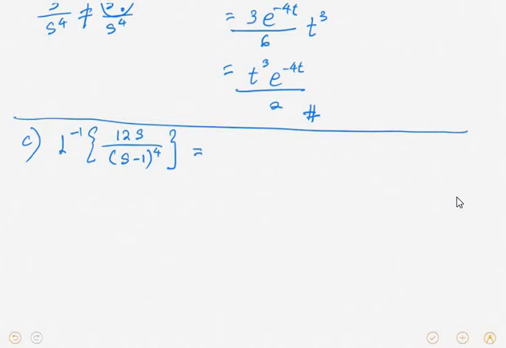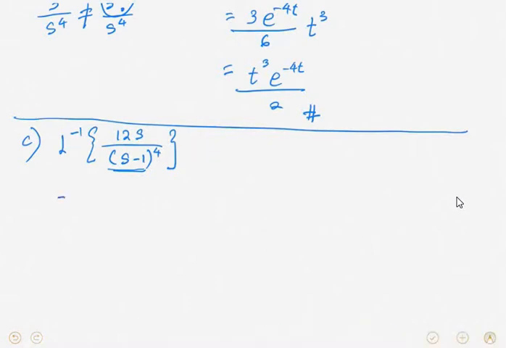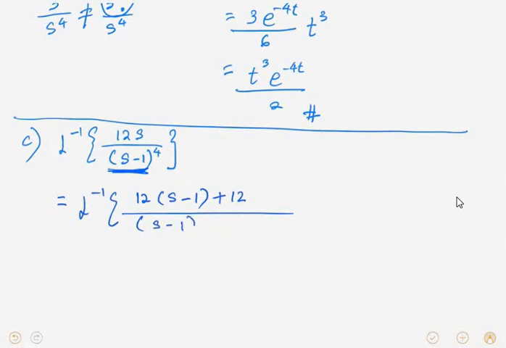Since we have s minus 1 in the denominator, our inverse Laplace transform, I write it here, is equivalent to the inverse Laplace transform of 12 times (s minus 1) plus 12, over (s minus 1) power 4.